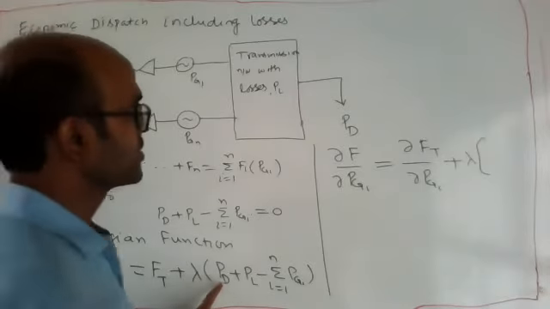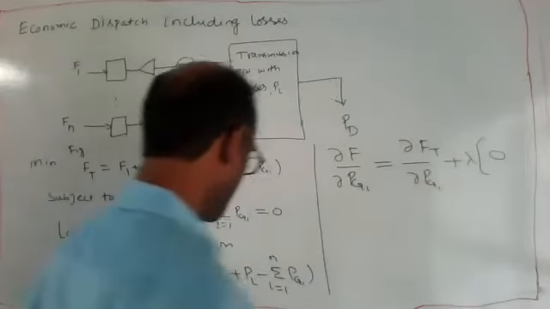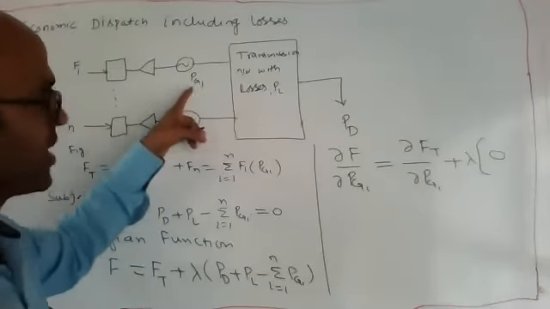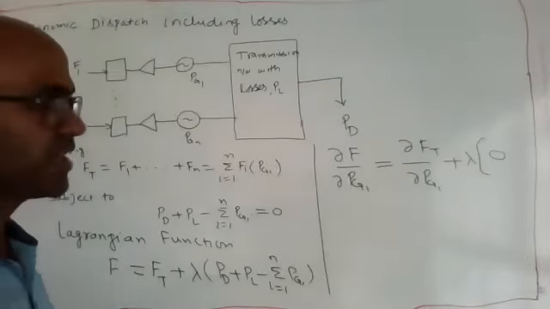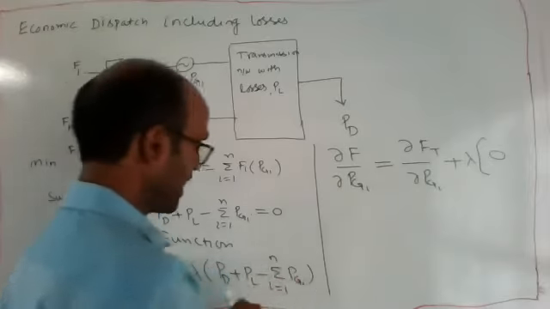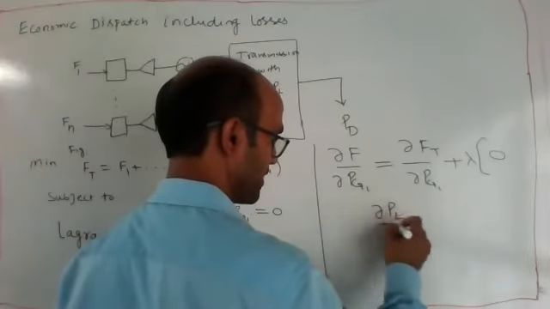We are assuming the load demand is constant. Then PL also depends upon generation. The generating units are connected through the transmission network to the load side. So PL is also a function of Pgi.